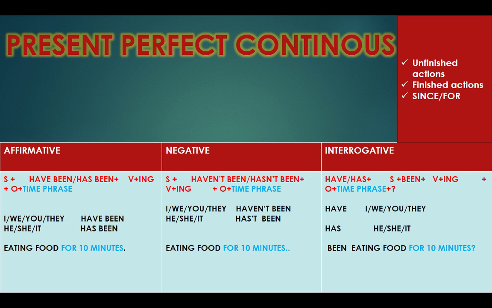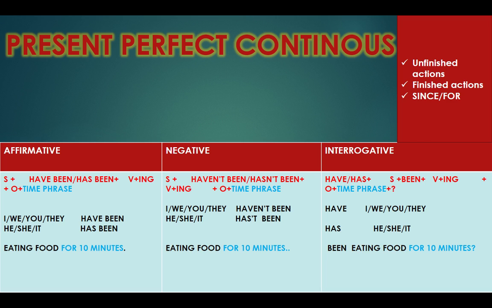For example, let me give you a better example. The current example that I'm using: I have been talking to you, I have been explaining these tenses to you for about 5 minutes, right?